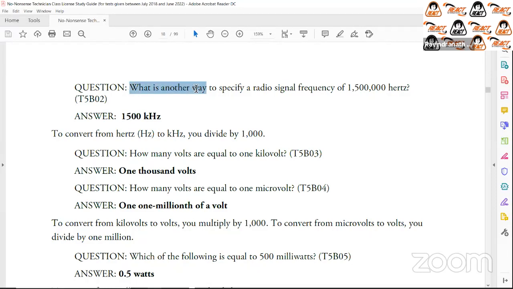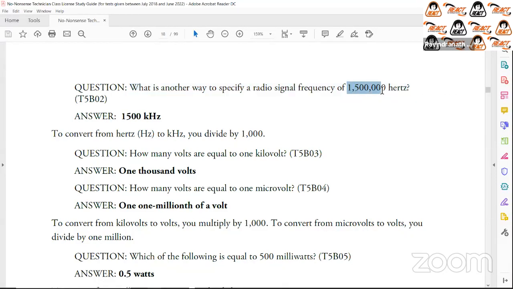We just need to be mindful of the multiplier, or how many of one it takes to convert to the other, or what you need to multiply by or divide. So they're asking us this question. What is another way to specify a radio signal frequency of 1,500,000 hertz?